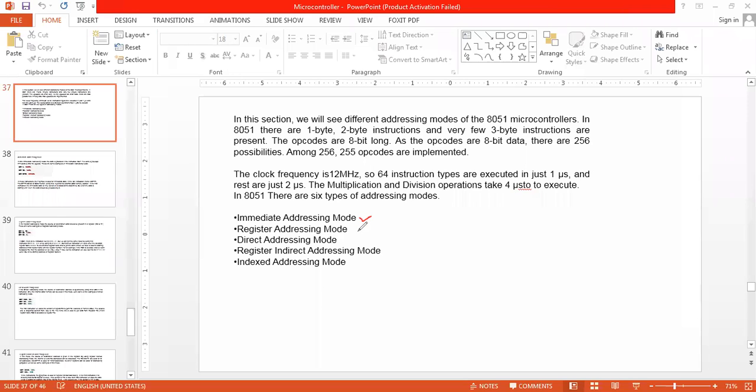Register addressing mode is where either the source or the destination must be one of the registers from R0 to R7, but the condition was both should not be a register.